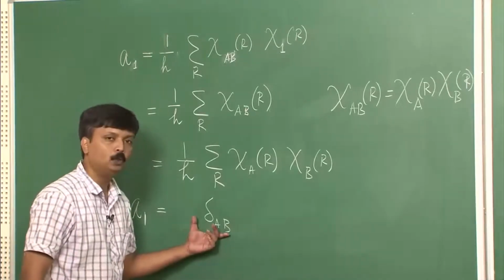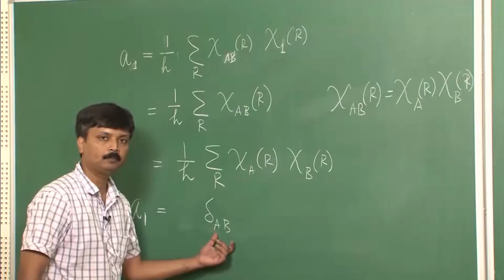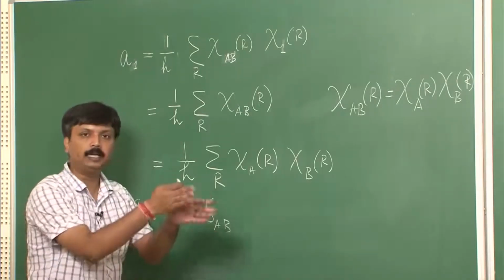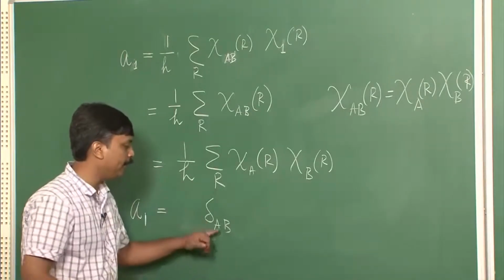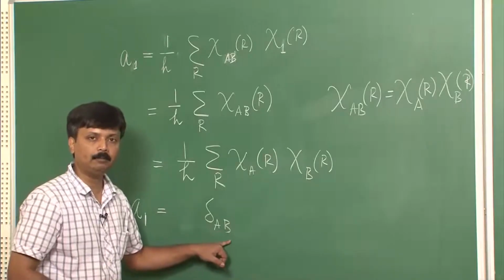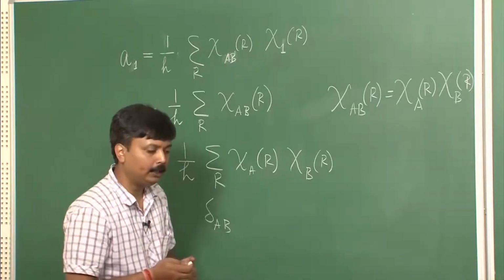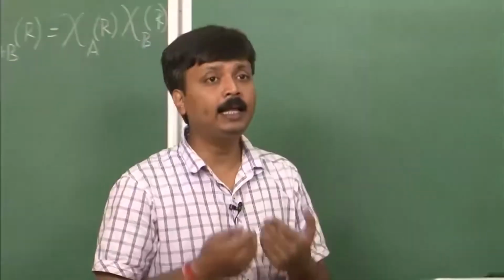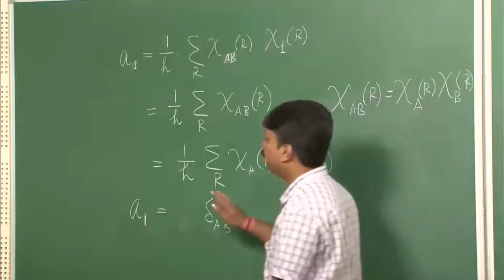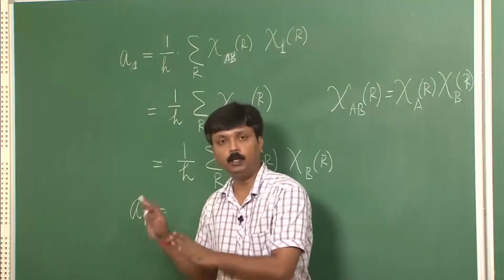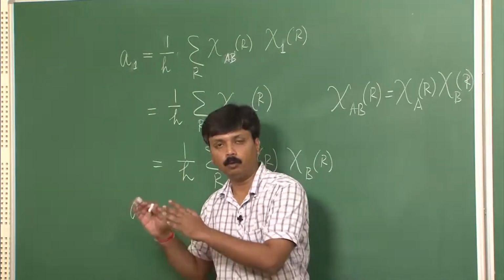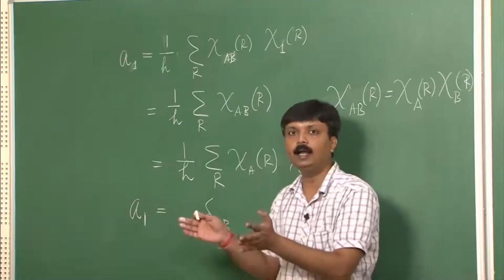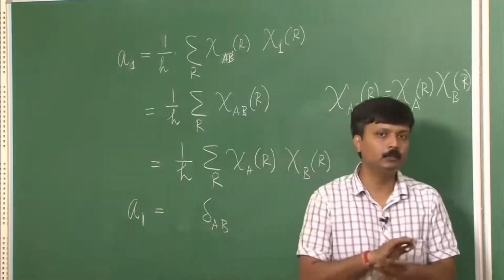This equals 1 when A equals B, and that is exactly what we said: if the direct product is done between the same irreducible representation, then only the totally symmetric irreducible representation will be contained within that direct product, otherwise it will not.